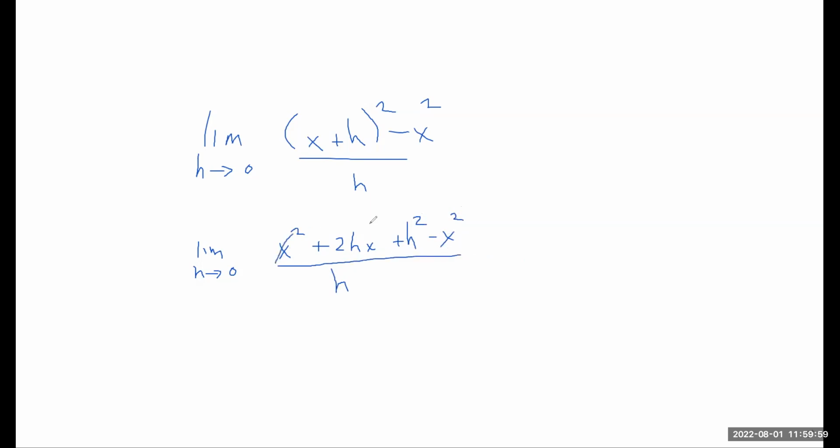The x squareds in the numerator cancel out. I'm able to factor out a greatest common factor of h from the numerator. I cancel this out and say, well, h can't be 0. I'm going to see a hole in this graph.